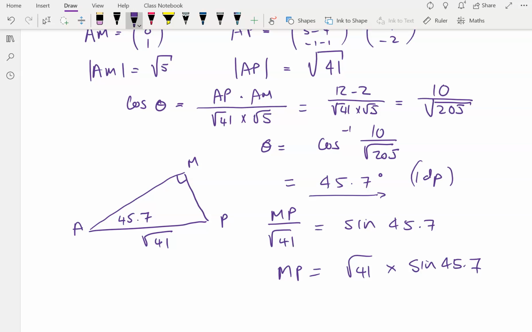And if I work that out, it comes up to approximately 4.58, to 3 significant figures. And so I've worked out the distance of the point P from the line.